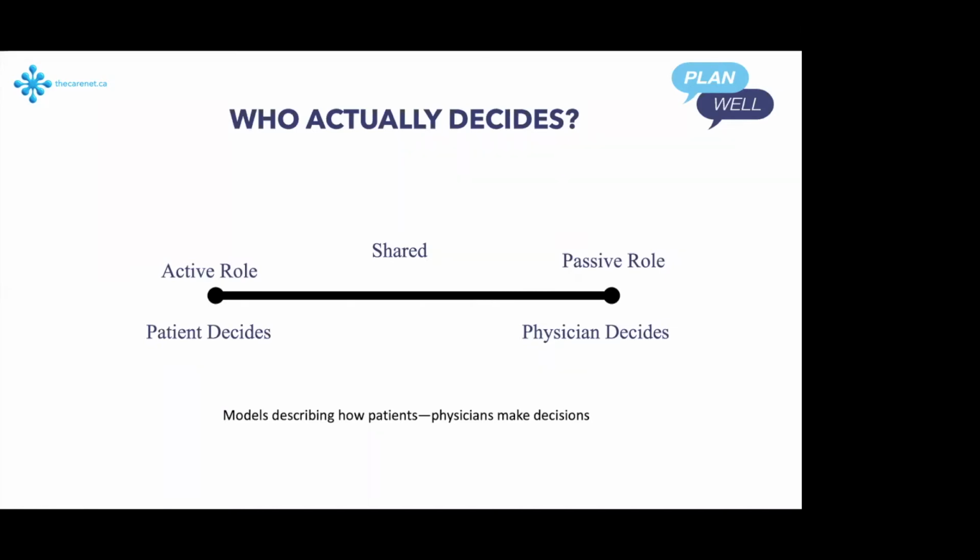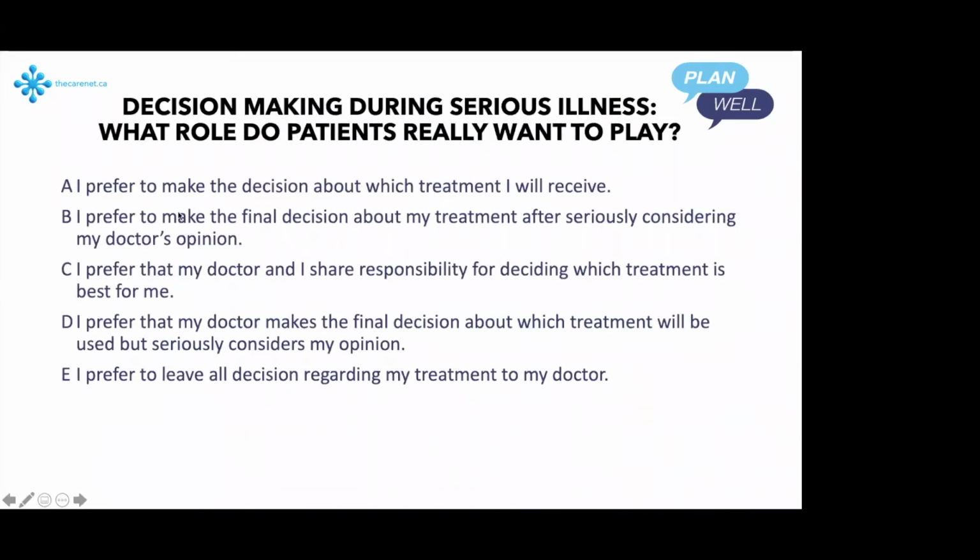If I take that line and I break it into 5 pieces, I come up with these 5 categories that describe the role that patients or family members as surrogates want to play in making serious decisions.